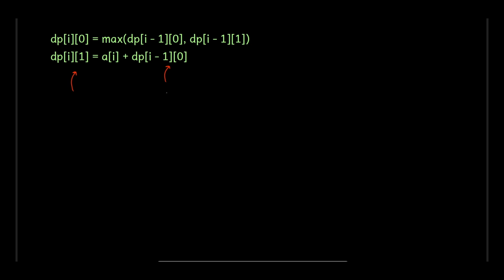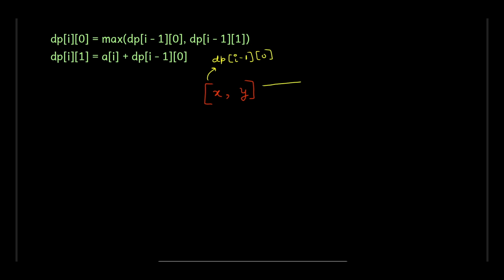Let's first simplify. Let's consider dp of i minus 1, 0 as x and dp of i minus 1, 1 as y.